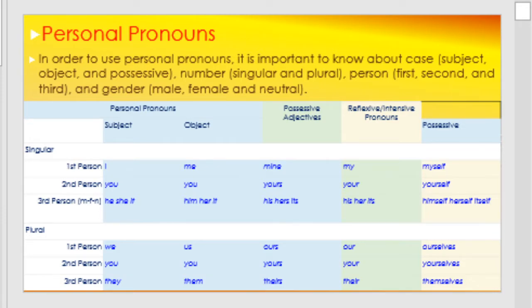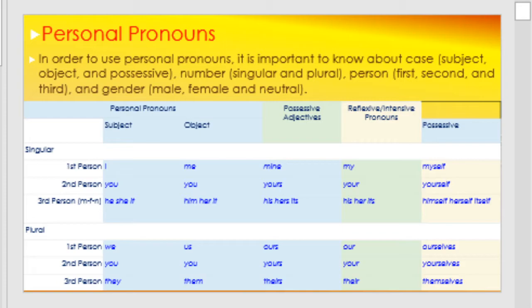Here we have personal pronouns: subject, object, possessive adjectives, reflexive, intensive, and possessive pronouns, in singular and plural, first person, second person, and third person.